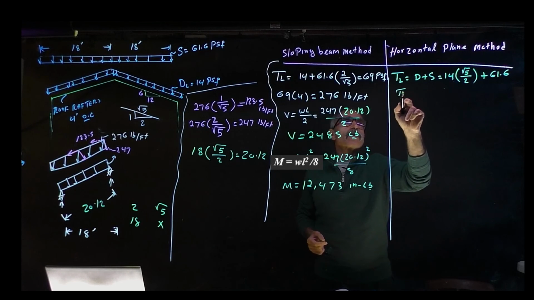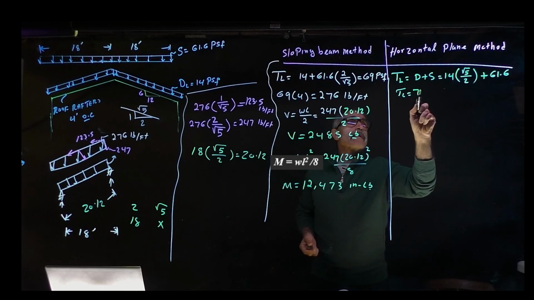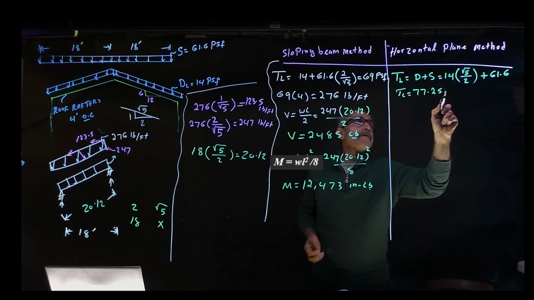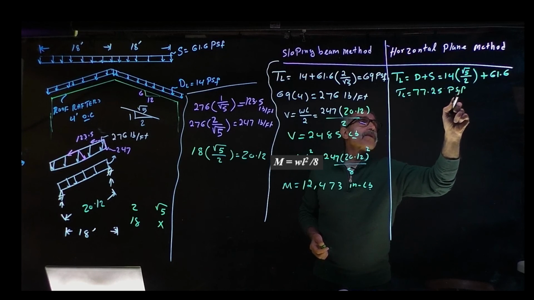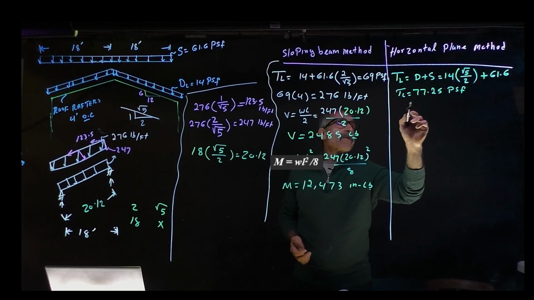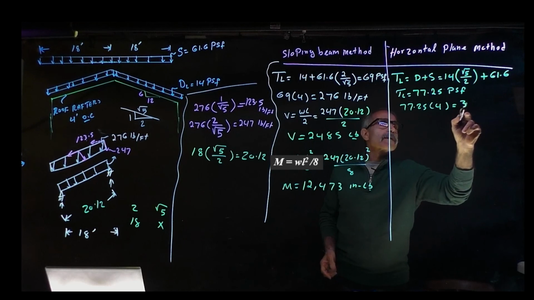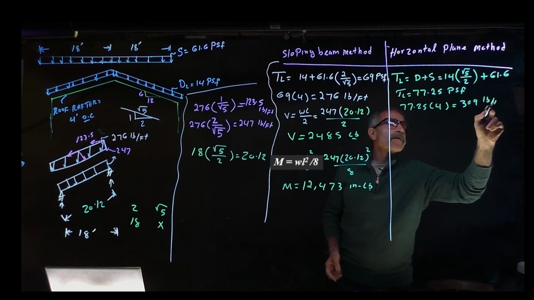My total load comes out to 77.25 pounds per square foot. Then we multiply that by 4, and that gives us 309 pounds per foot.